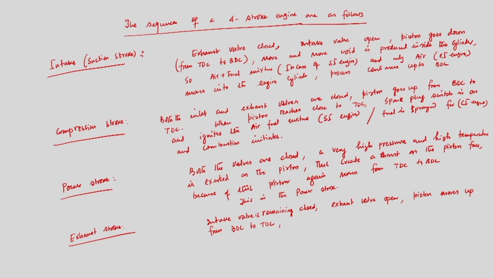whenever the piston is coming up, at the end of the power stroke the entire combustion is completed. Now the cylinder space will be filled up with the combustion product. So at the beginning of the exhaust stroke, when the piston is coming from BDC to TDC, it will expel the combustion product to go out through the exhaust manifold.